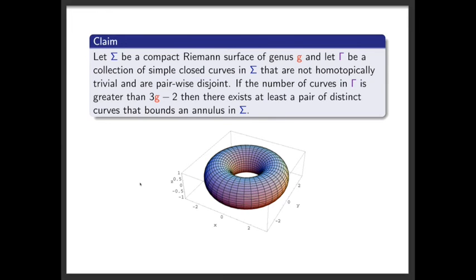It turns out this is a fairly straightforward topological fact that if you take a surface which has fixed genus and you take a sufficiently large number of curves which are not homotopically trivial and are pairwise disjoint, then eventually there would be a pair that bounds an annulus.